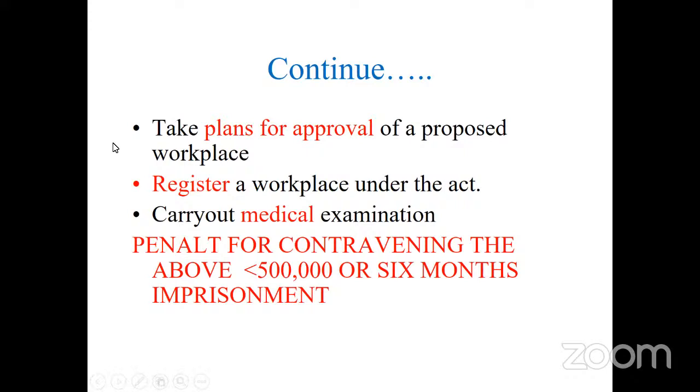And then the employer is supposed to carry out medical examination of their employees. For example, an employer is supposed to do a pre-medical examination, periodic medical examination, and post-medical examination. What does pre-medical examination entail?